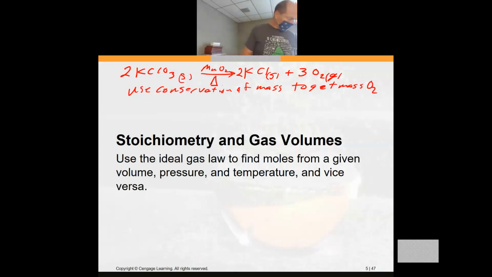All right, so let's see if I can find a problem using that equation. Make another one up.